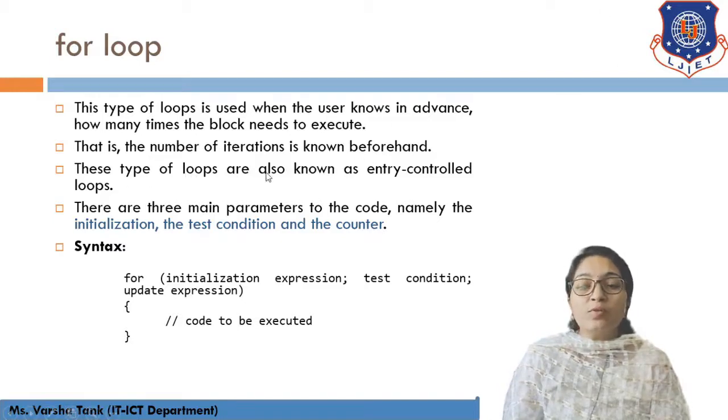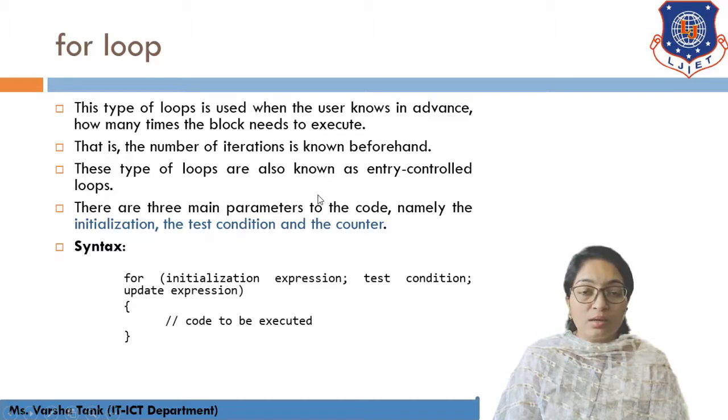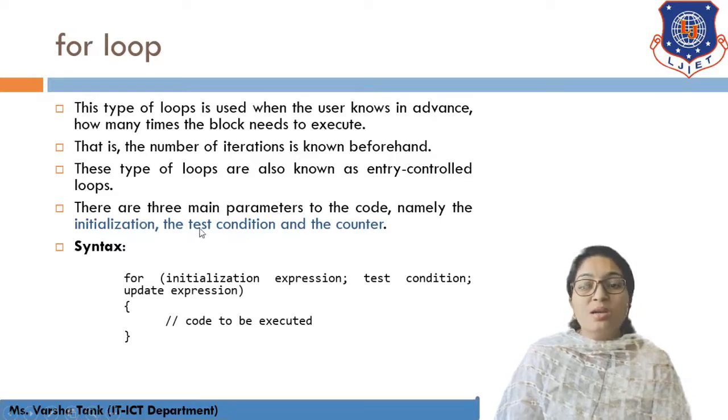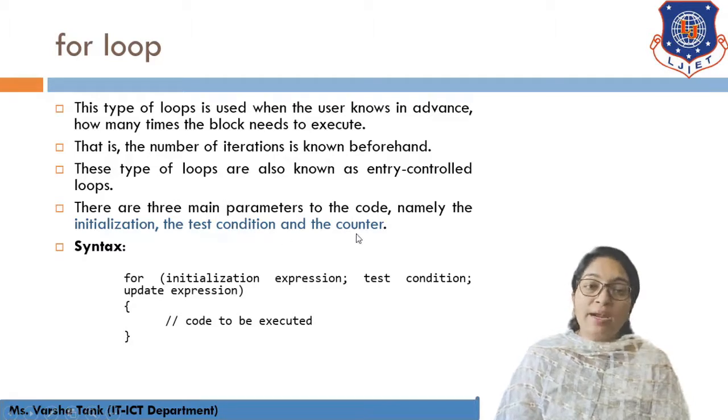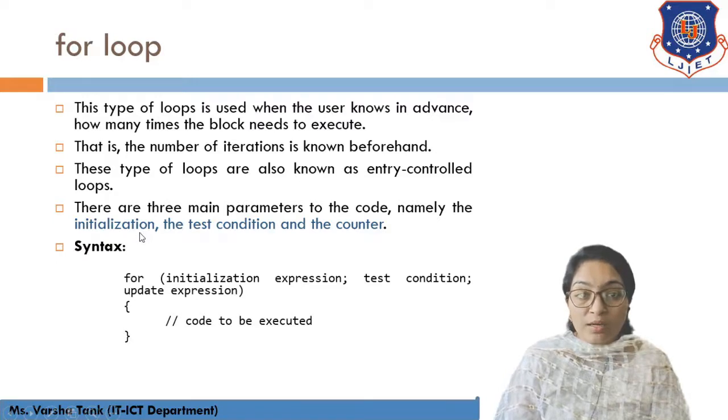This type of loop is also known as an entry control loop. That means it will check the condition when the loop enters that particular section. There are three main parameters to the loop, namely initialization, the test condition and the counter. You have to initialize the loop, that means from where the loop will start. Then the test condition, when the loop will stop.